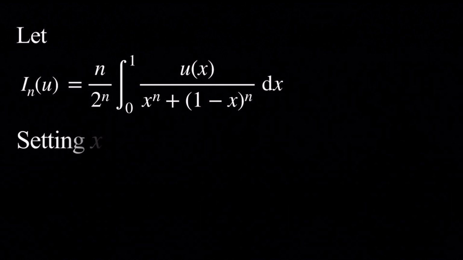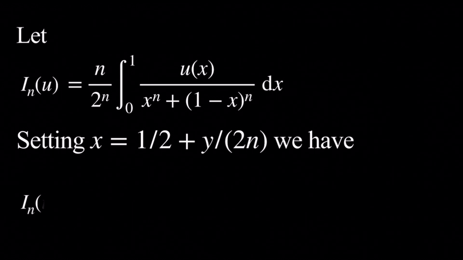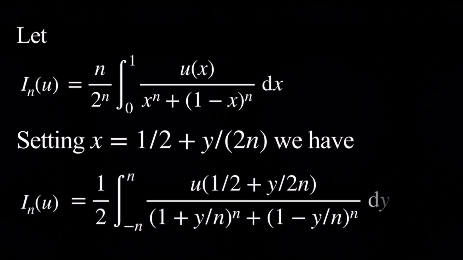Okay, so what we want to do now is perform a change of variable by setting x equal to 1/2 plus y over 2n, and of course n must be different from 0. Okay, so we're going to get new limits. The lower limit is going to become negative n, and the upper limit will become n.